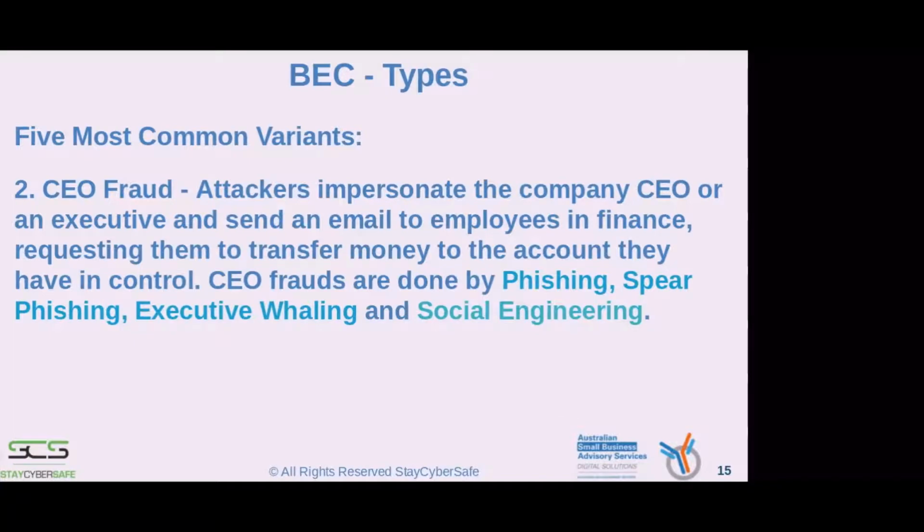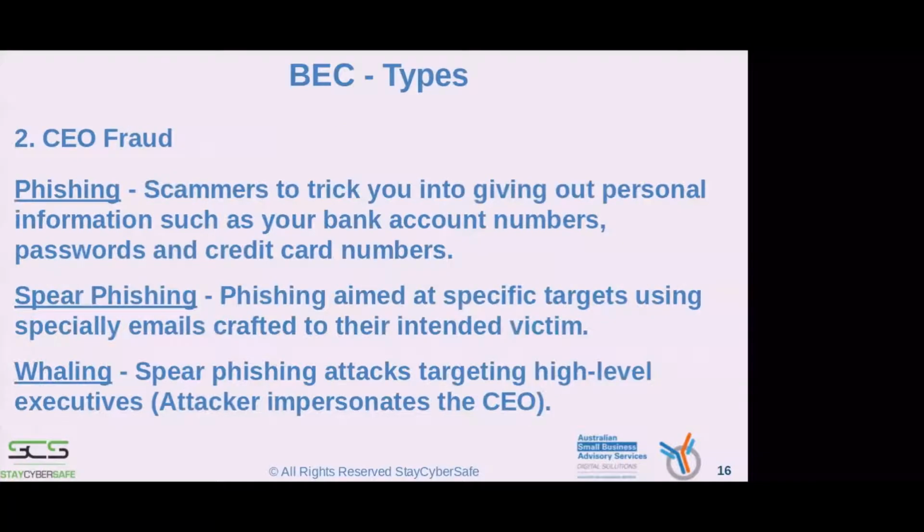And so CEO frauds are usually done by phishing, spear phishing, executive whaling, and of course social engineering. Social engineering is everywhere. We're going to look at more of the types of CEO frauds that you will often see in the real world. So when we say phishing, phishing is when the scammers will trick you into giving out personal or sensitive information, such as your bank account numbers, your passwords, your credit card numbers.